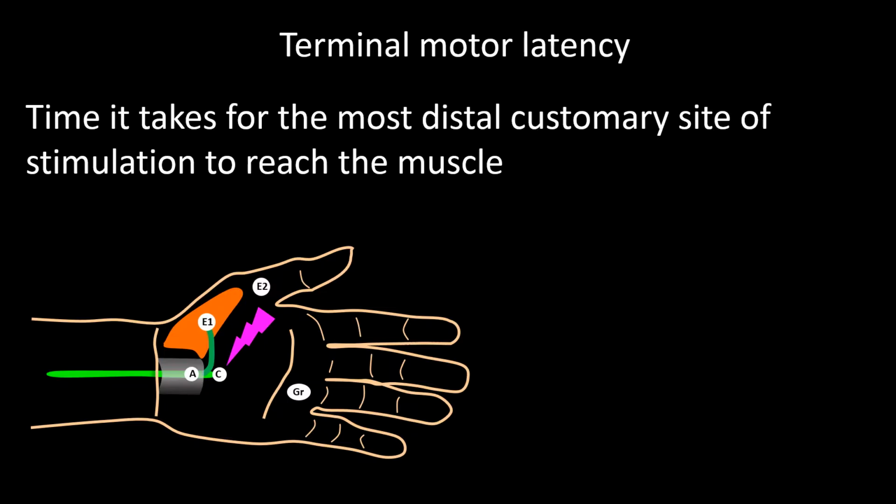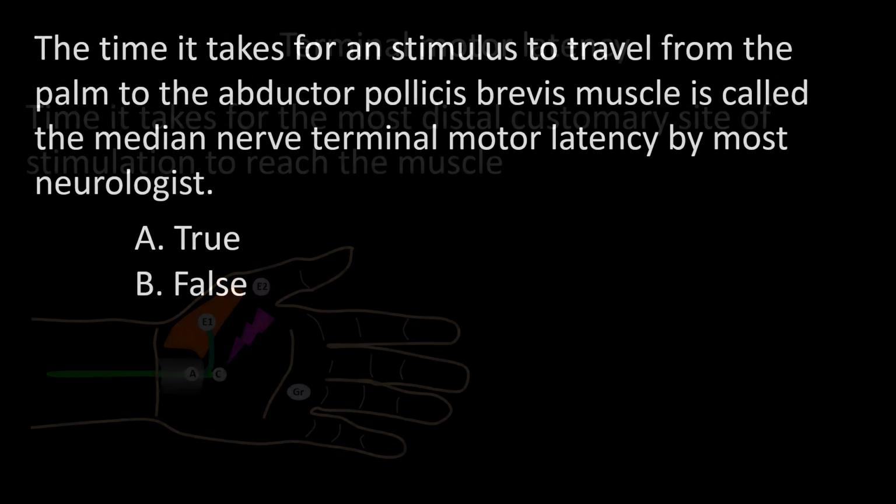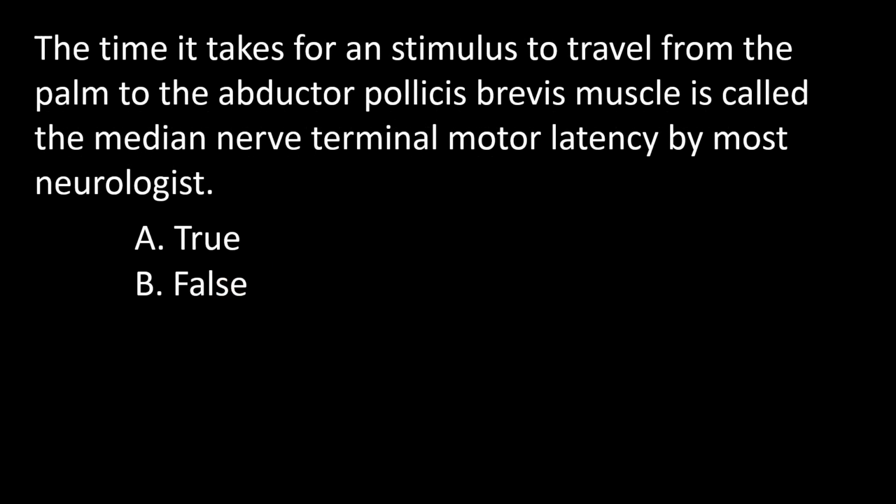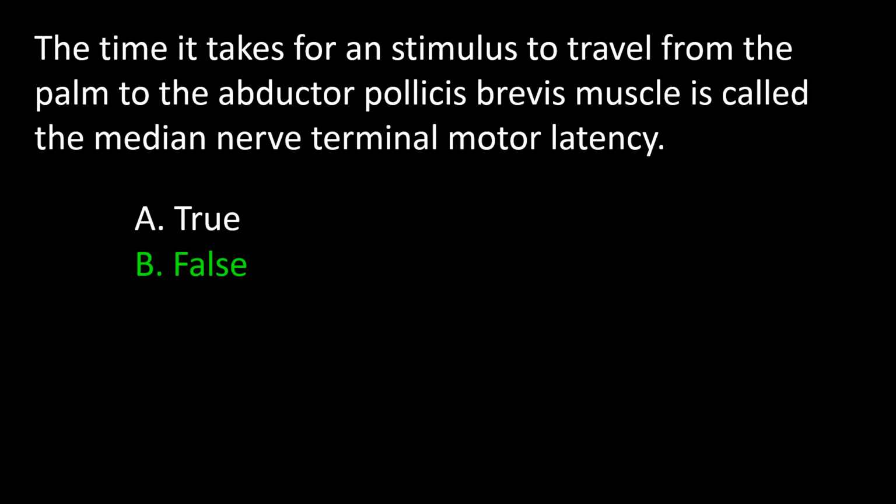Yet for now, and during the course of this talk, median nerve terminal latency will be defined from the above wrist stimulation to the abductor pollicis brevis. So the answer to this question is false.